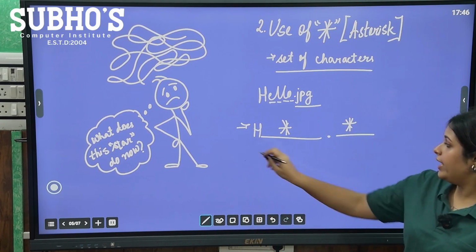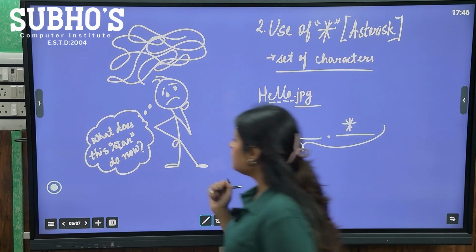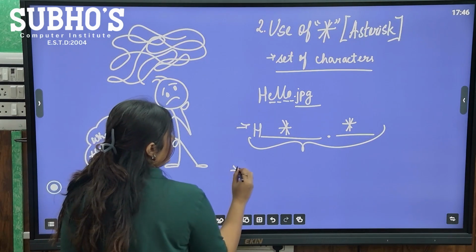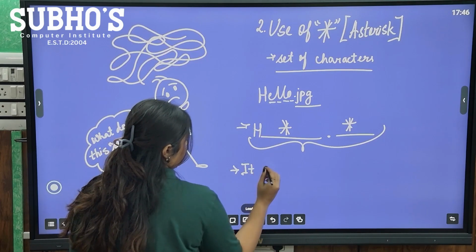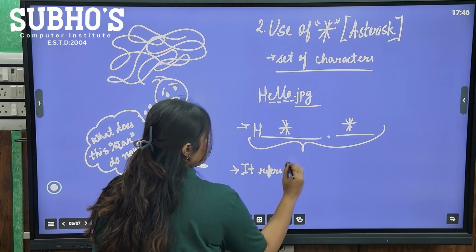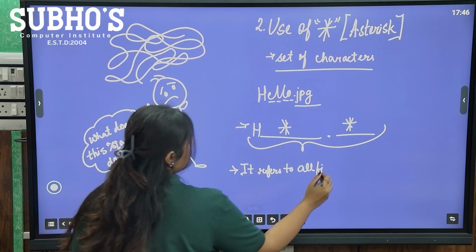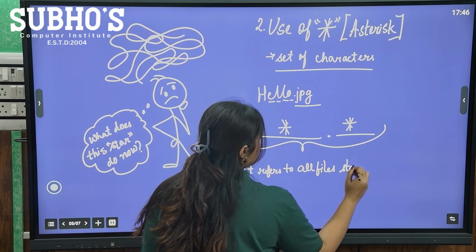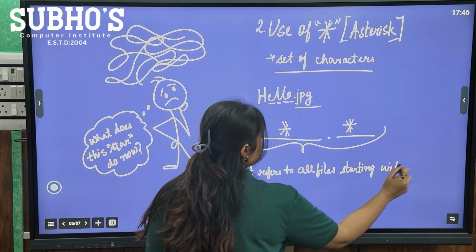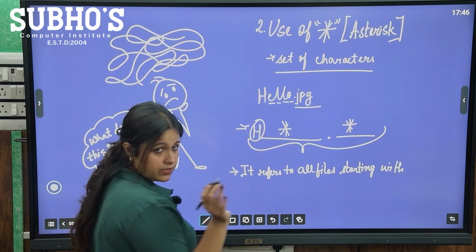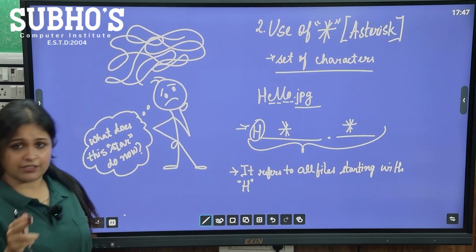Now, if I ask you to explain this, how exactly are you going to do it? You can write: it refers to all files starting with H, then it is followed by a set of characters. Why a set of characters?